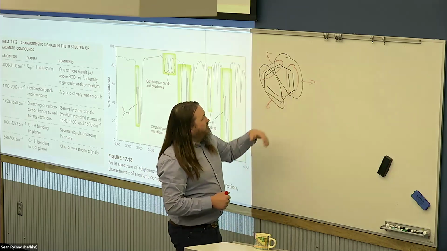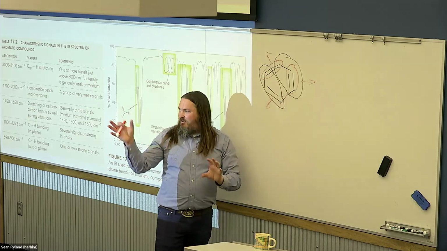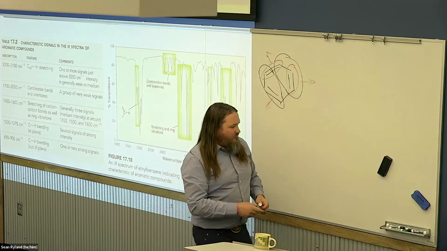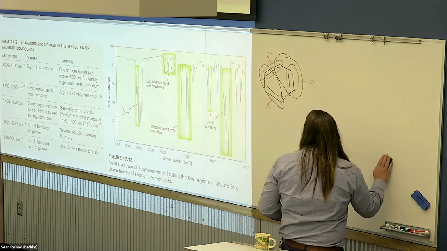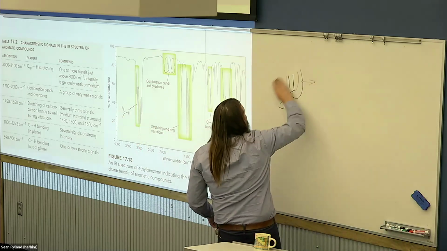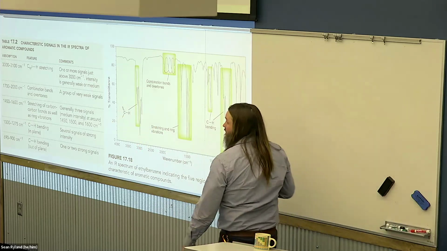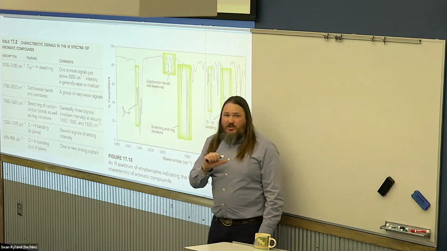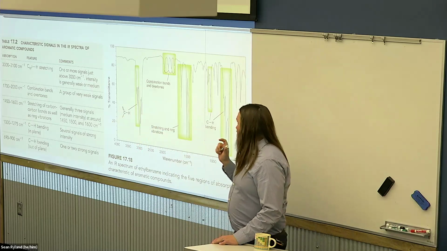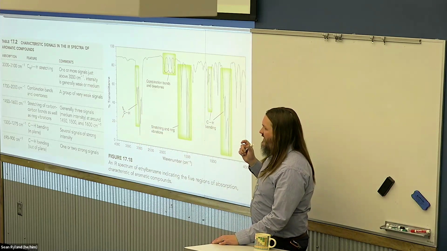We don't have that ring structure, we don't have anything holding it in place, and then we just actually have rotation happening. And it turns out that you go back to the definition of the number of possible vibrations you have.